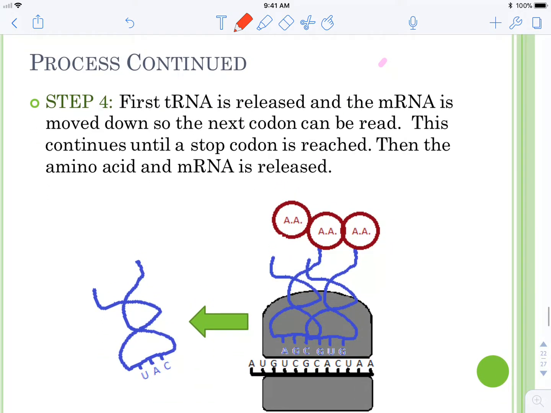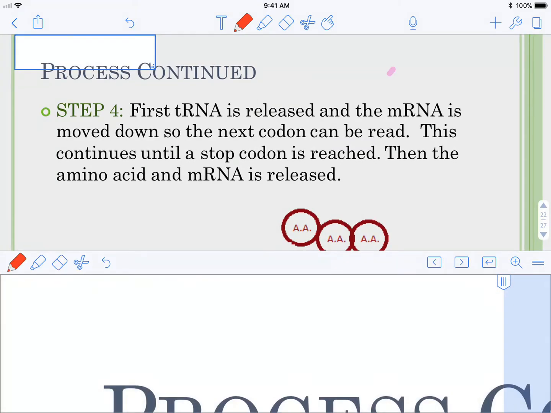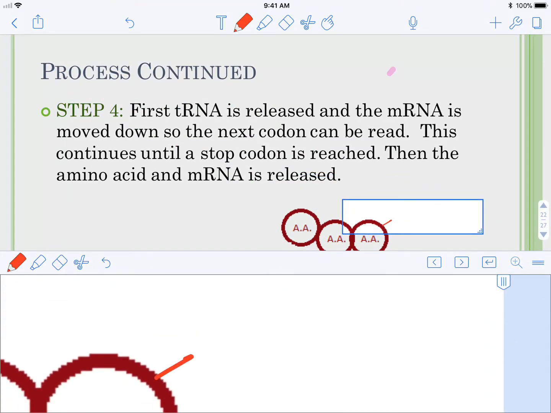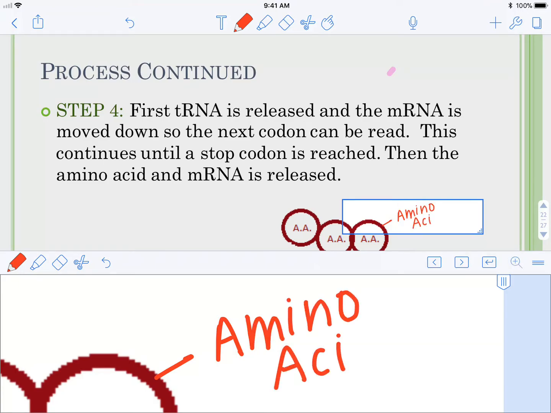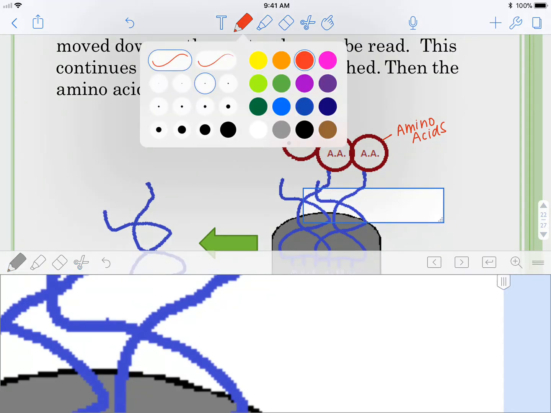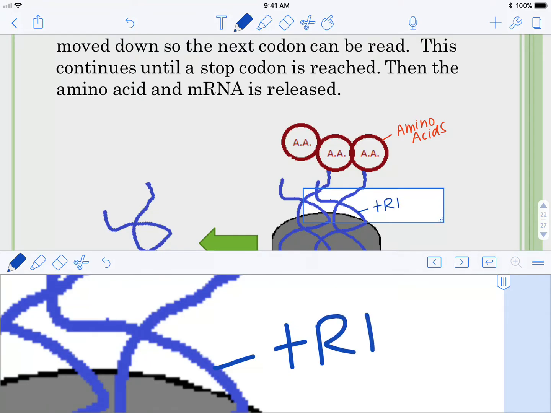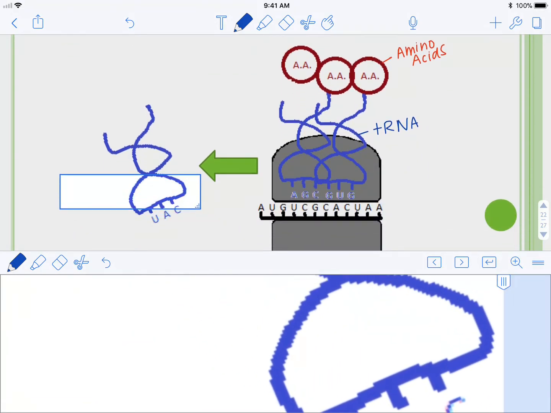In step 4, what's going to happen is now that that first amino acid got bound on, again, if we want to label parts that might make this easier, we've got our red amino acids here. Okay, our blue stuff, hopefully we're seeing that that's our tRNA. This is a tRNA.